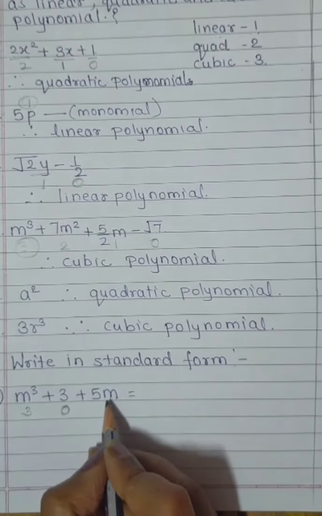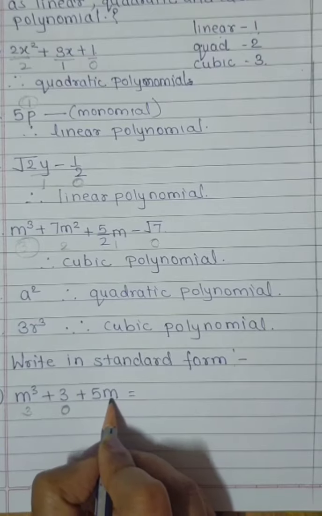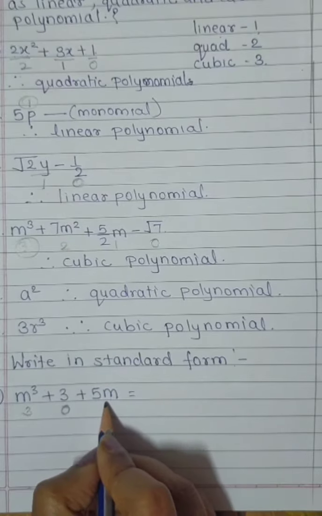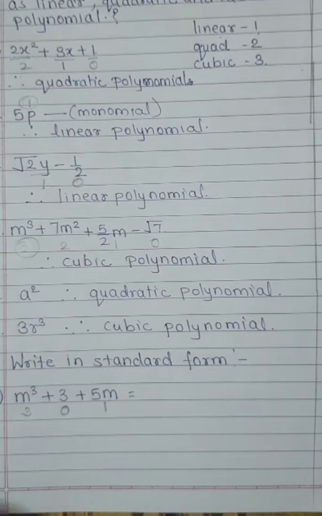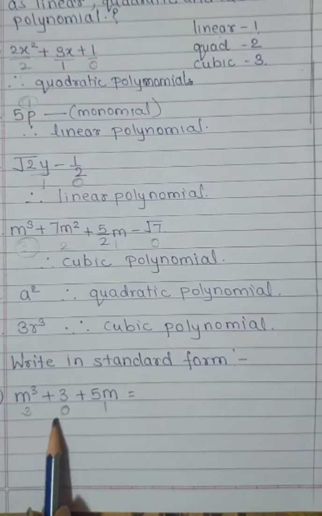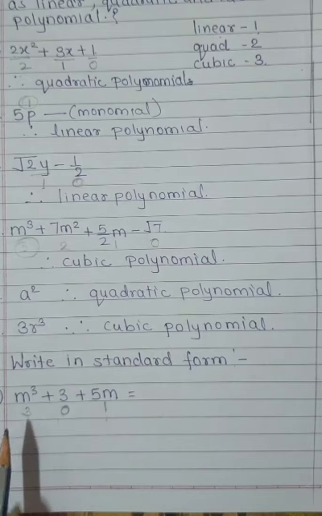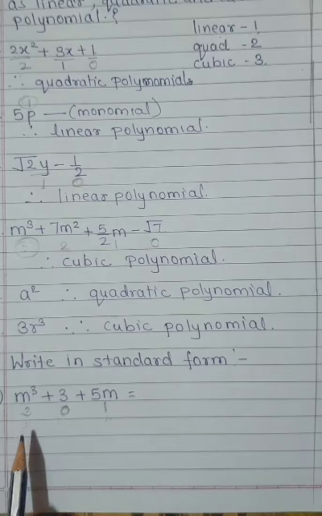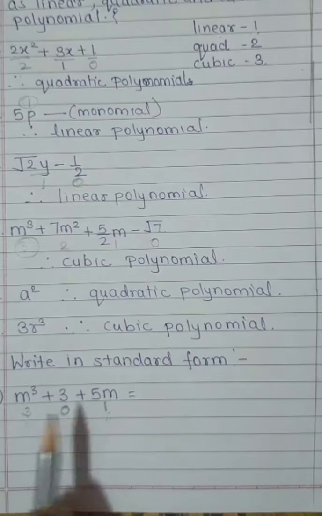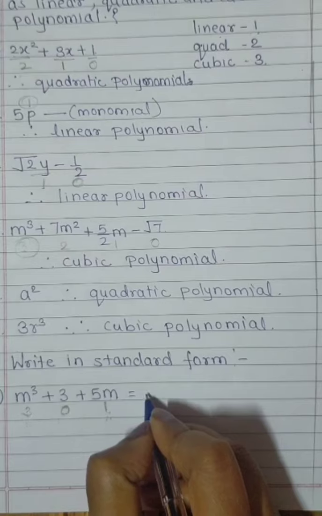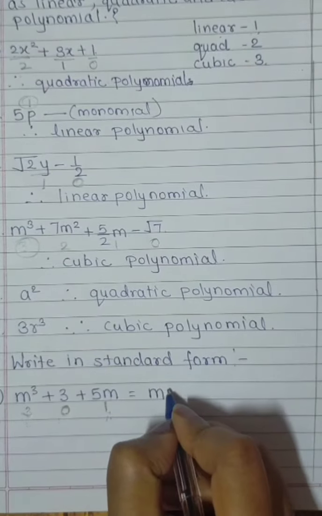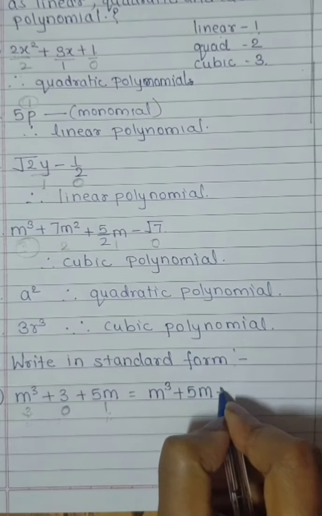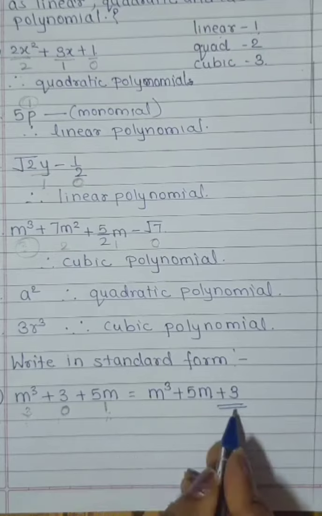And here 5m with a variable and no degree means we write it as 1. So we have to write this in the correct order, 3, 1, 0. So the equation will come as m cube plus 5m plus 3. This is the standard form.